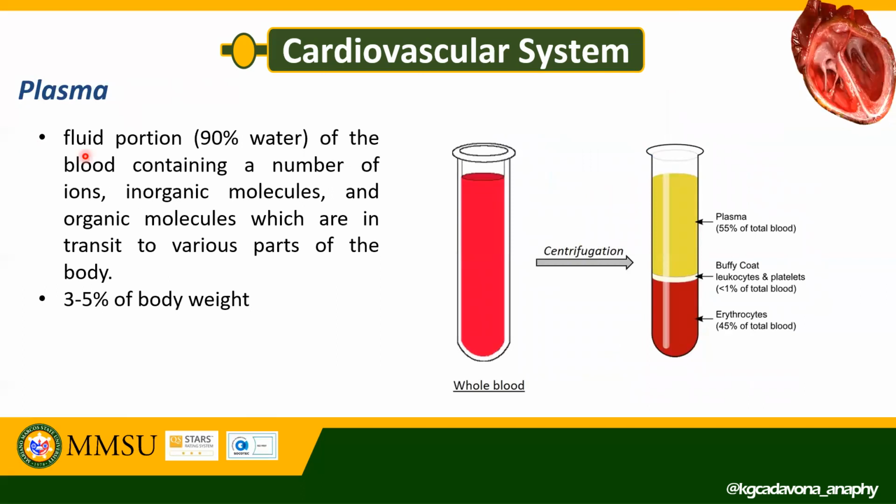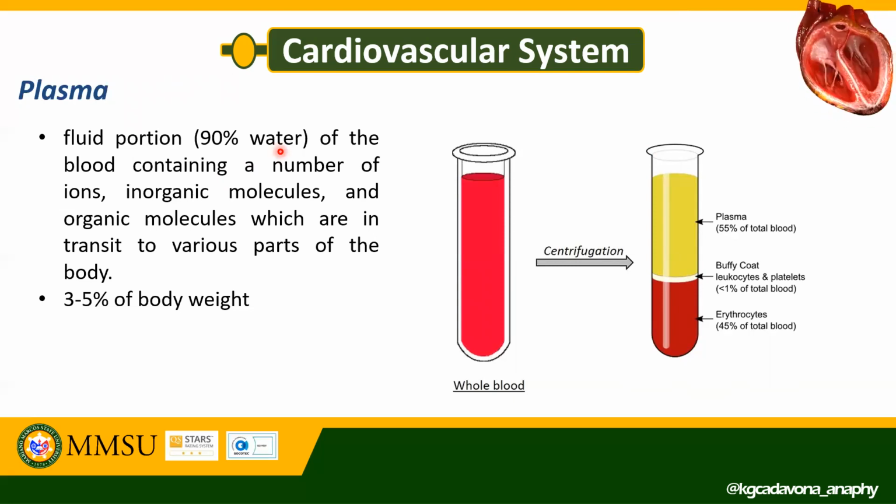Then we have the second part of the blood. Pag yung isa kanina are the blood cells, for this time, which is the plasma. So dito, the plasma consists around 90% water. So this is a fluid portion which consists 90% of water. And dito, from the 90%, it contains the following. Just look at it, your handout.